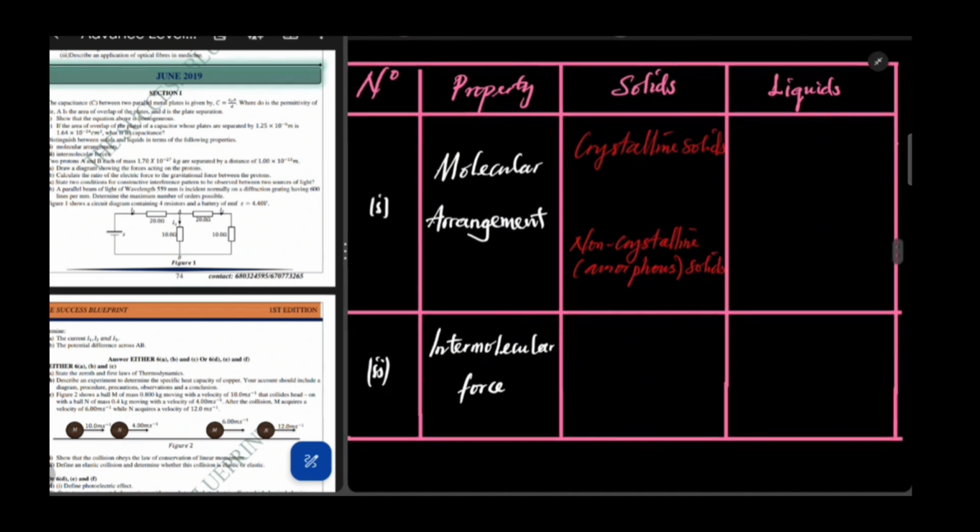Now, with regards to molecular arrangement, in crystalline solids we have regular arrangement, while in non-crystalline solids we have irregular arrangement.